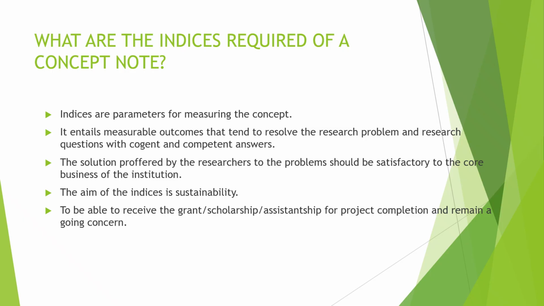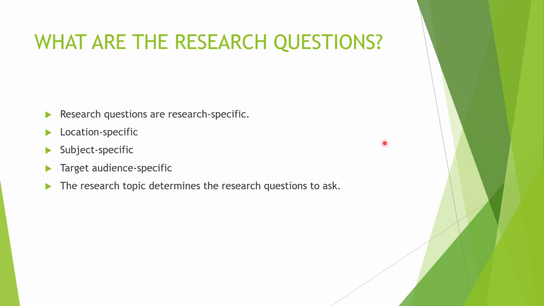So let's move on to the next slide, which talks about the research questions. When you are coming up with a topic, there must be questions you want to ask, because if you don't map out the questions that the research will answer, then you will be going around the clock and you won't know where to start or how to go. So that's why you need to break down.